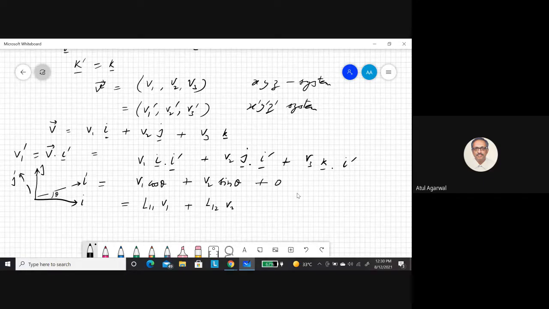So I always use the first index for the prime axis. If you represent i as 1, j as 2, k as 3, then i prime will become 1 if it is of the prime system.